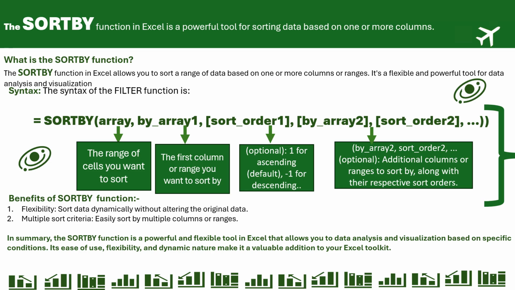Let's understand the benefits of the SORTBY function. It is very flexible, sorts data dynamically without altering the original data, and supports multiple sort criteria, so you can easily sort by multiple columns or ranges. In summary, the SORTBY function is a very powerful tool in Excel that allows analysis and visualization based on a specific condition. Its ease of use, flexibility, and dynamic nature make it a valuable addition to your Excel toolkit.